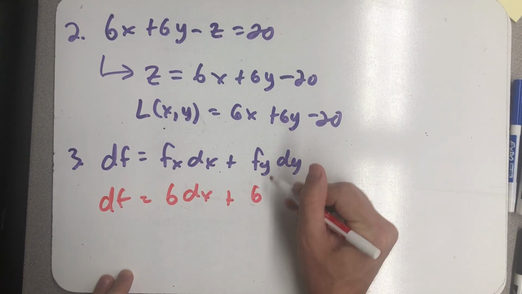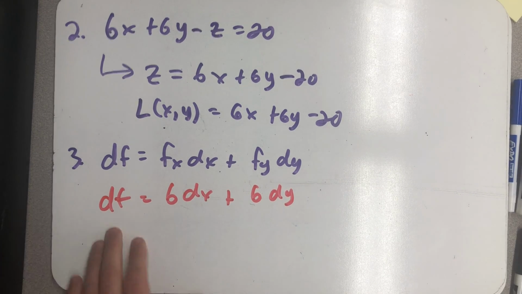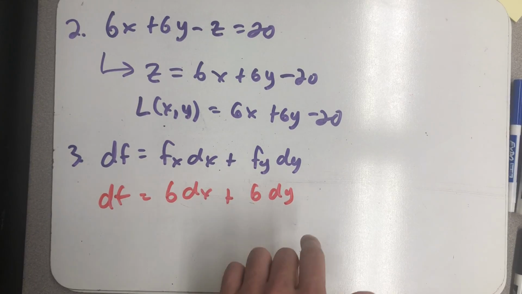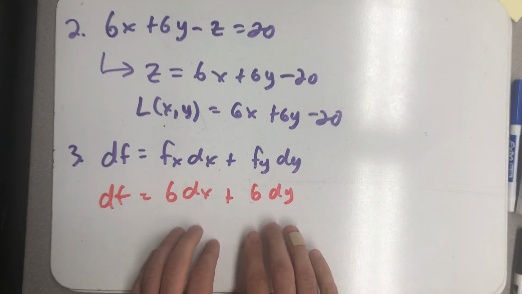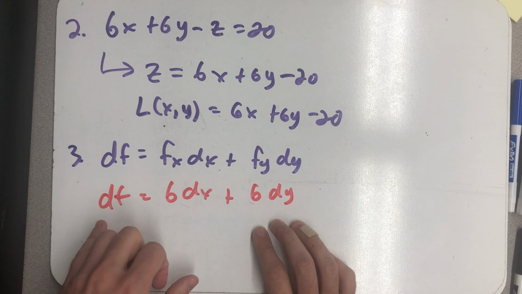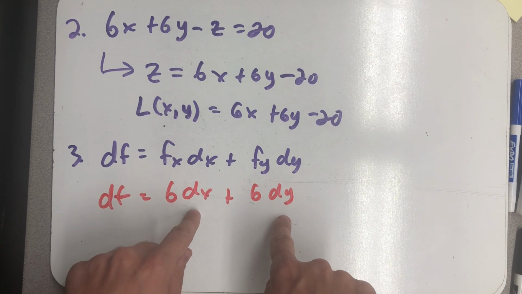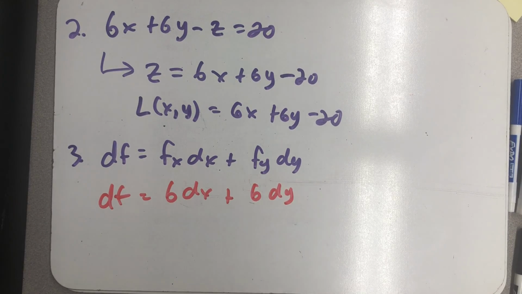And this is also a 6. So here's my total differential at the point. df is 6 dx plus 6 dy. And this really establishes that df, a dependent variable, is related to dx and dy, independent variables.